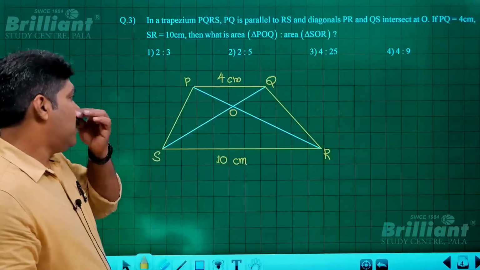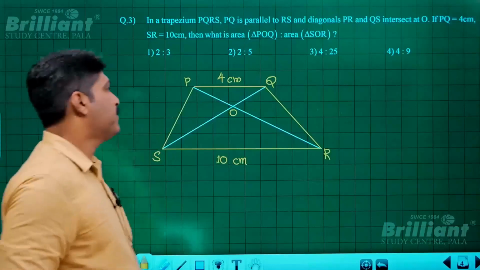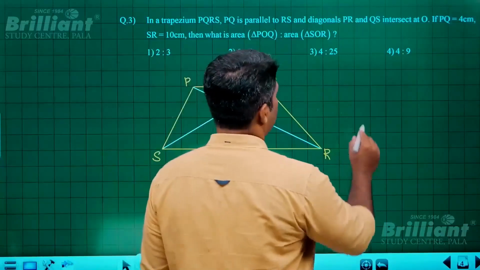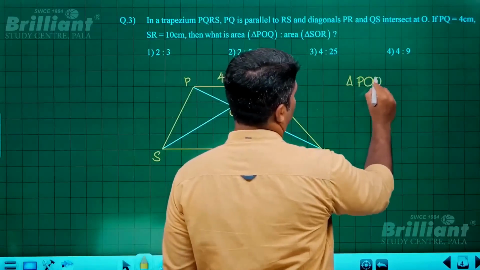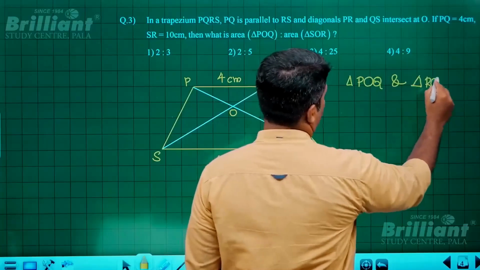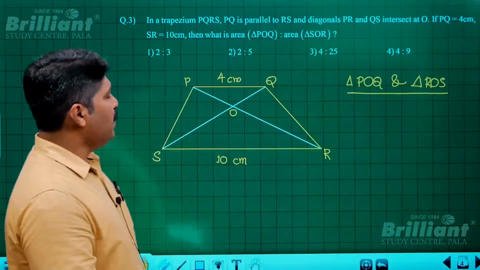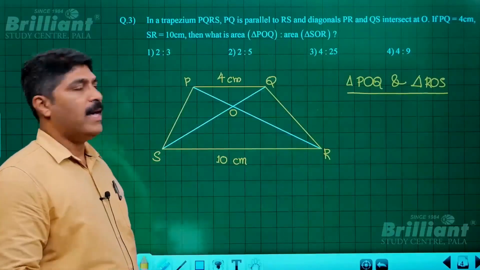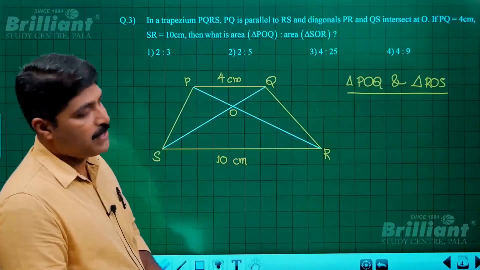So consider the triangles POQ and ROS from this diagram. We are going to prove that those two triangles are similar. So that's the trick behind such a question.